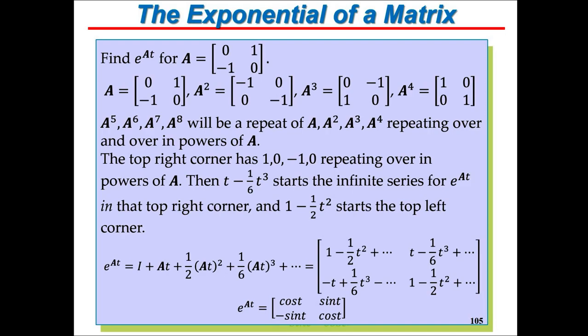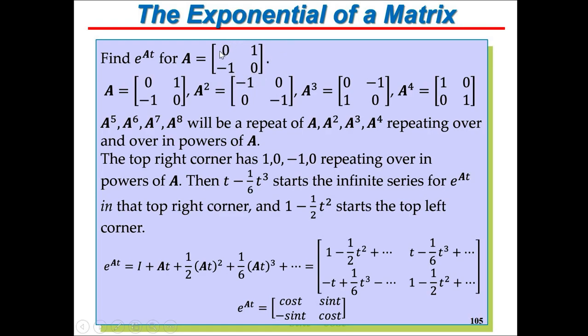What is interesting with this particular matrix is that it is anti-symmetric, and the exponential, you can see, is an orthogonal matrix. If you compute the eigenvalues of A, they are obviously complex conjugates.